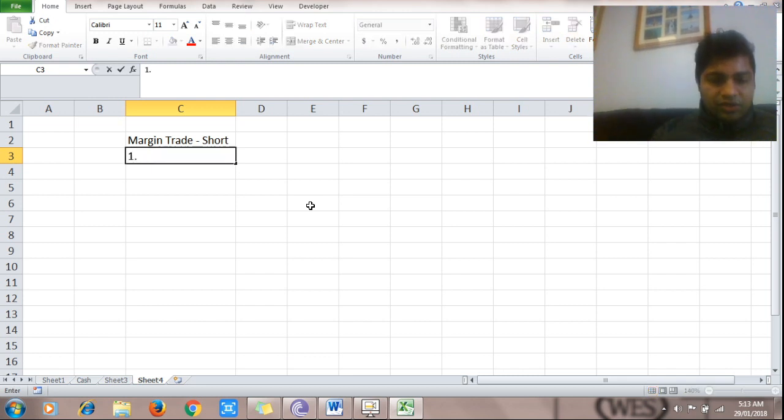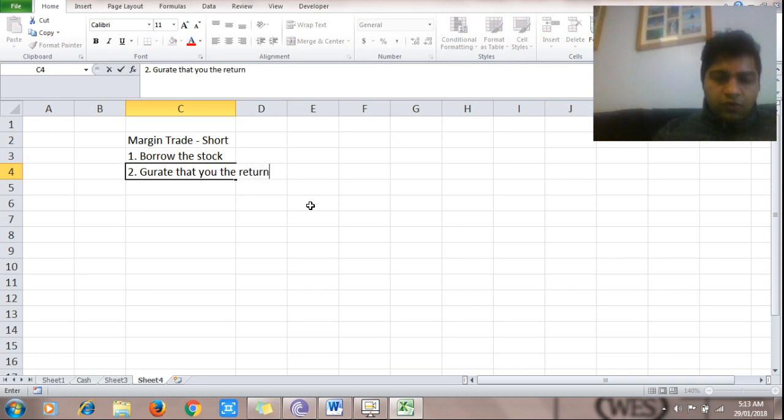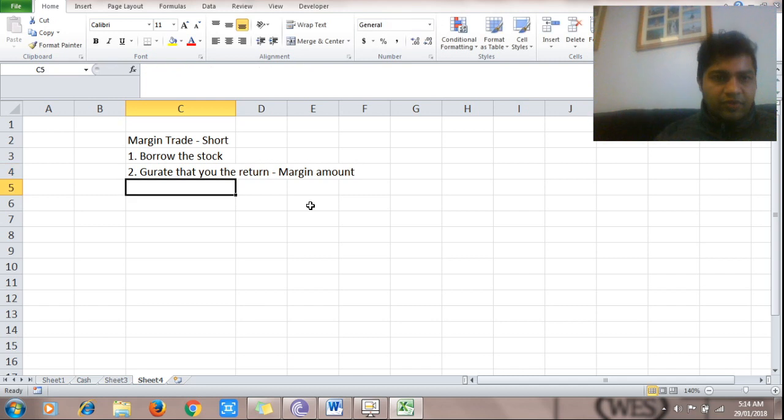First, you borrow the stock. Second, you need to guarantee that you would return the stock. For this guarantee, you have to put in some margin amount. That is, you have to deposit some value. Third, you sell the stock.